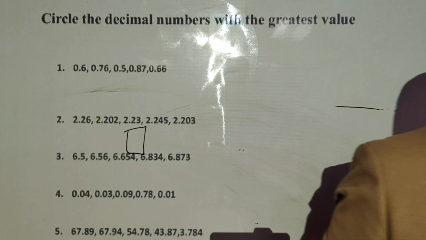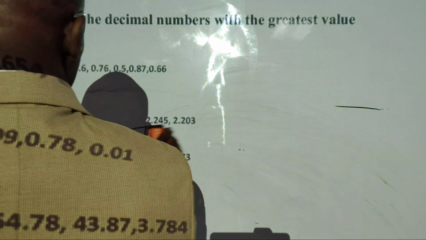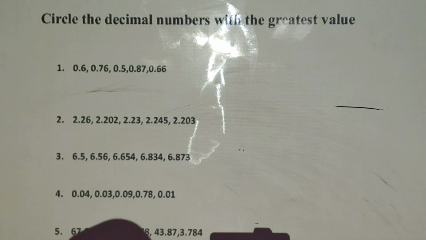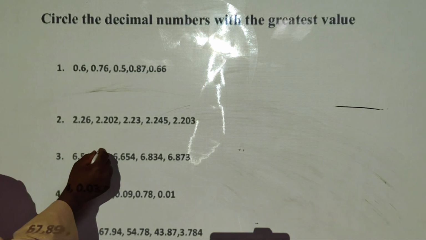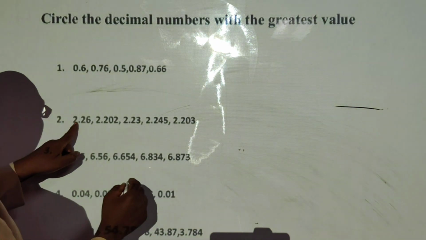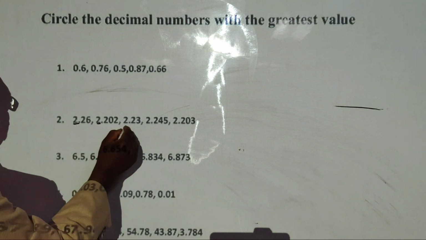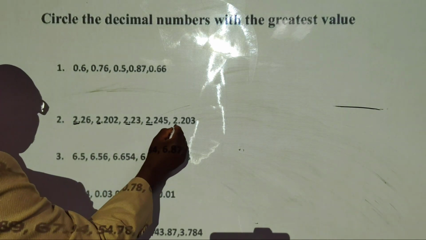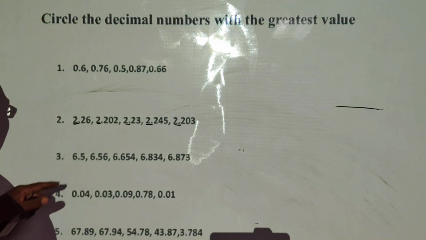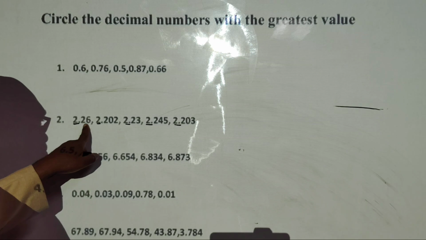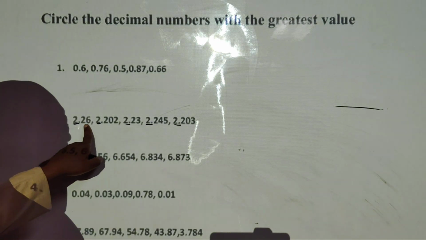All right, so let's try this right here, number 2. So if we line them up, look at, okay, all of them have 2 as a whole number. All right, then we're going to move on to the first place after the decimal.